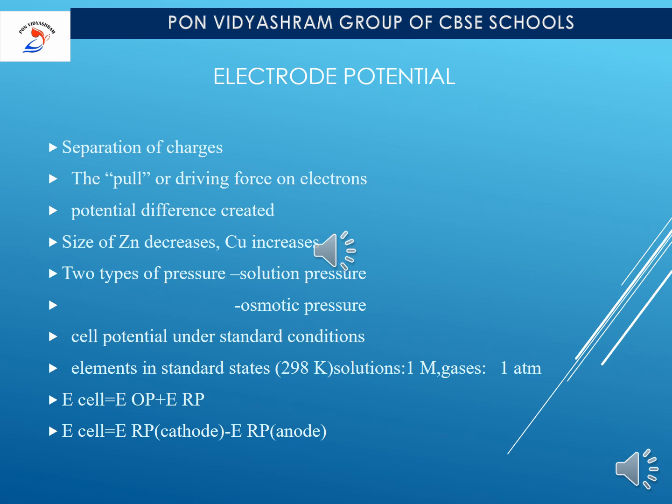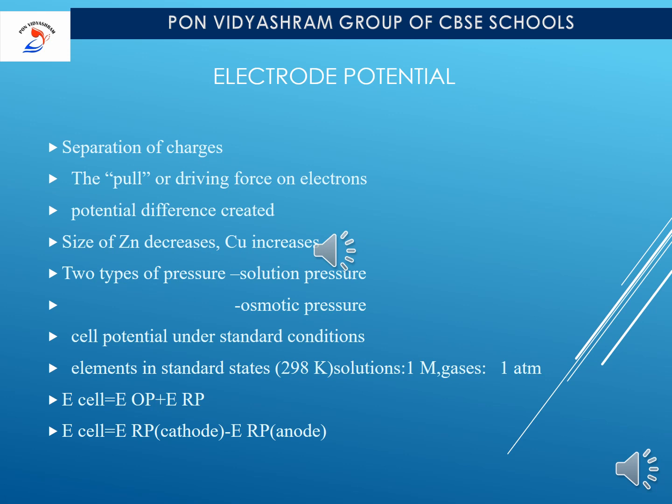What is that? Electrode oxidation potential, electrode reduction potential. Okay, now EOP is equal to minus electrode reduction potential. Let me repeat it. Oxidation potential is equal to minus reduction potential.